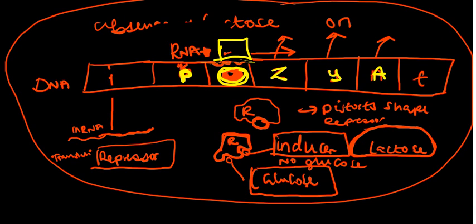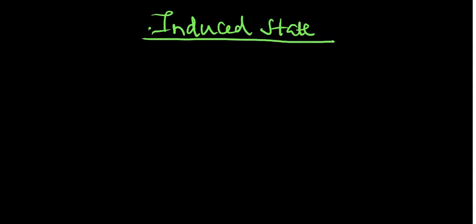Yes. Okay, so we're going to talk about the last things. We'll talk about the Lac Operon in the induced state and in the repressed state. First, the Lac Operon in the induced state. Remember, lactose is the inducer.